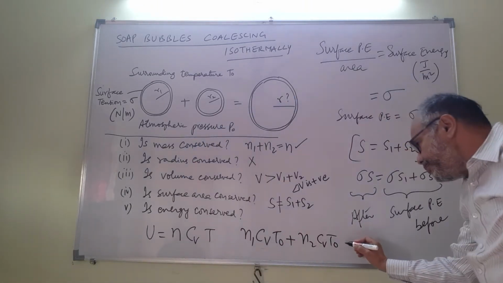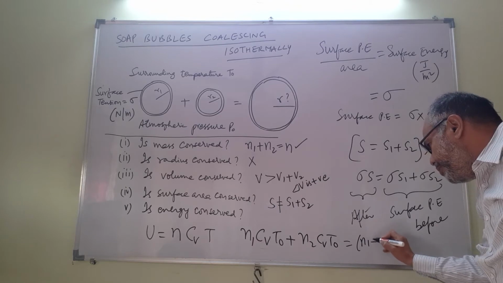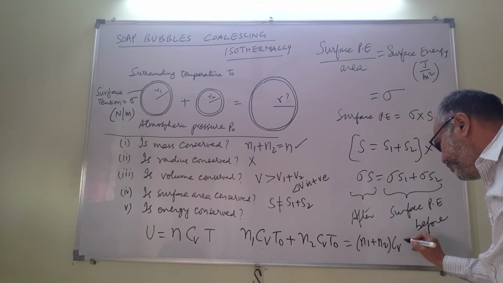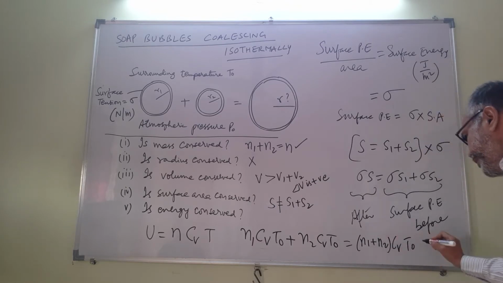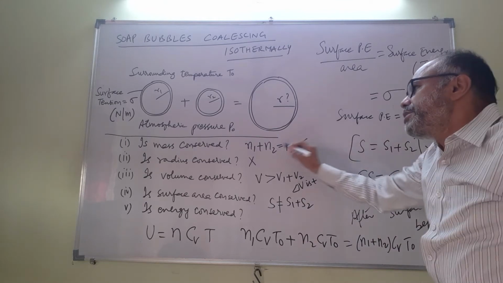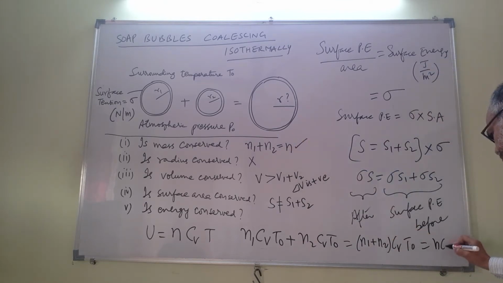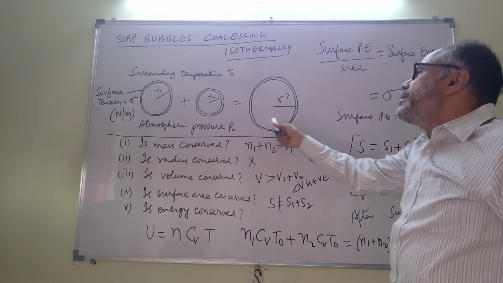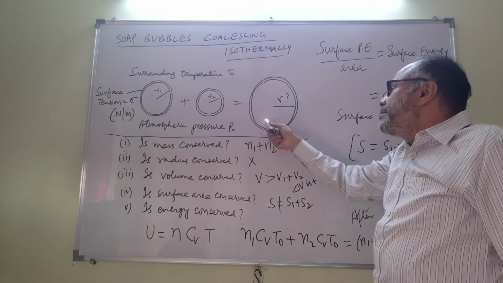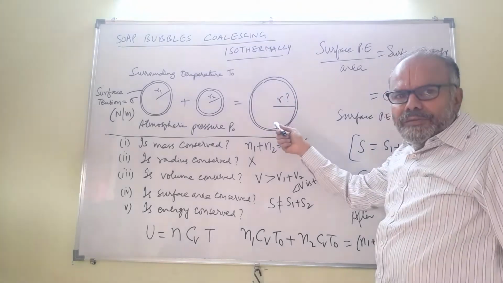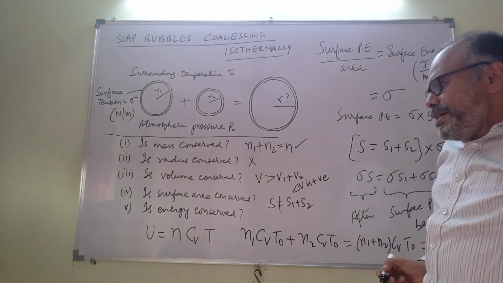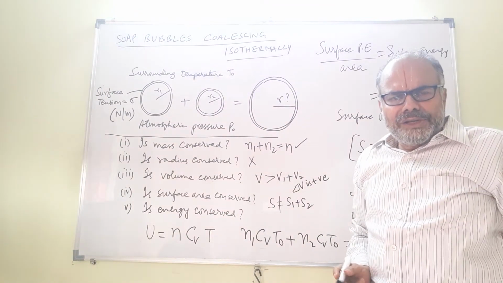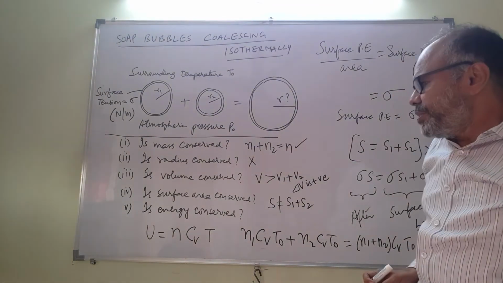If you add these two, you get (N1 plus N2) CV T naught. We said the number of moles is conserved, so this will be N CV T naught, which is nothing but the internal energy of the air in the resulting bubble. Therefore, internal energy will be conserved, but not the surface energy.